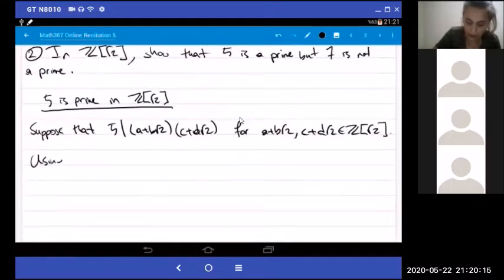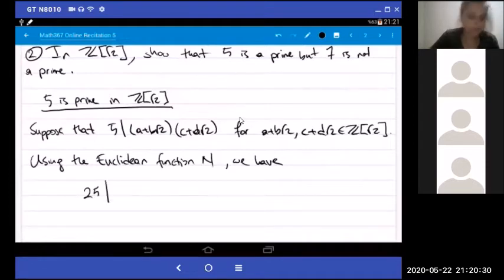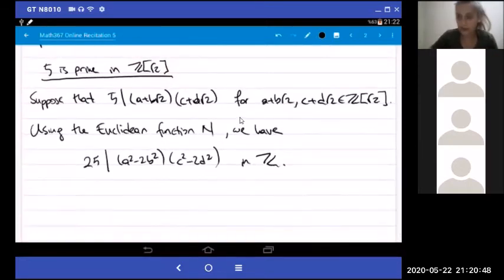Now using the Euclidean function N, we have 25 divides (a² − 2b²)(c² − 2d²). And this division can now be considered inside the integers, in Z, because all numbers are integers in Z.